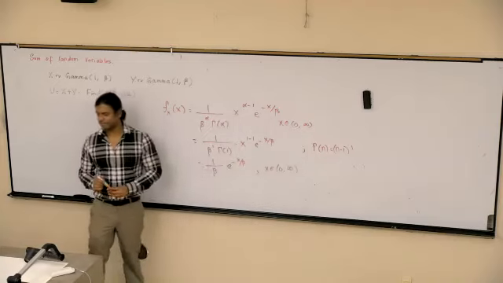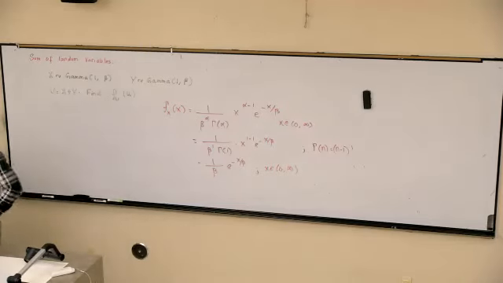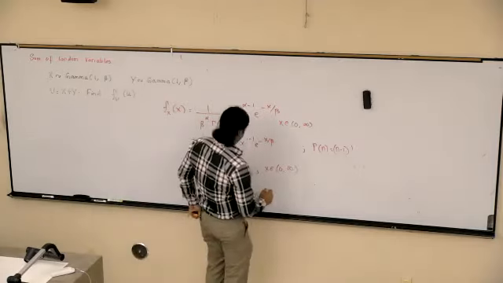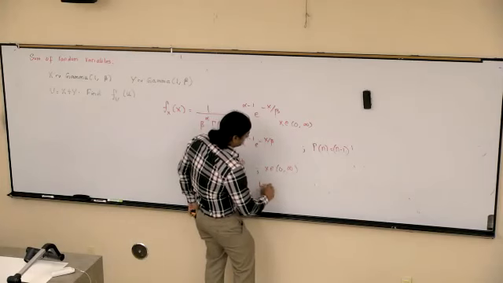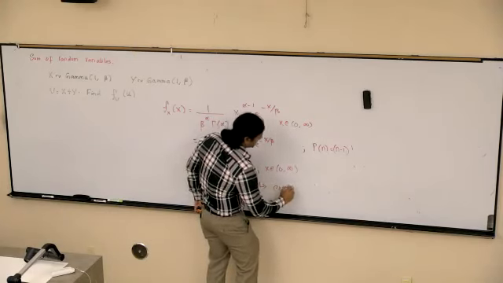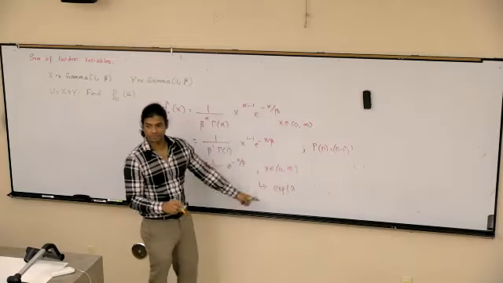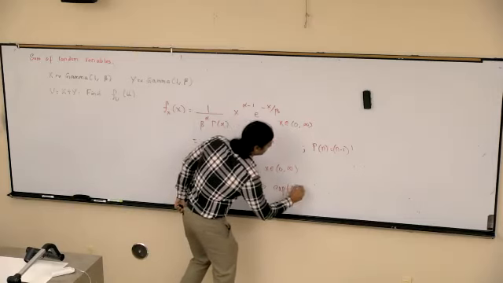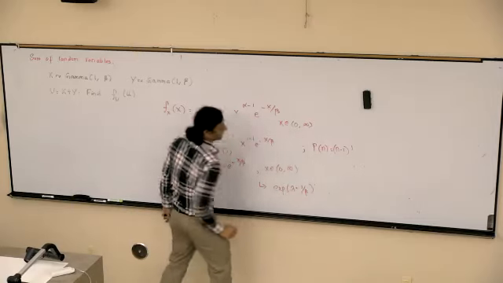Does that remind you of the density of some random variable? That is an exponential random variable. If you recall, our exponential that we talked about was exponential lambda, correct? And in this case, lambda is just 1 over beta.